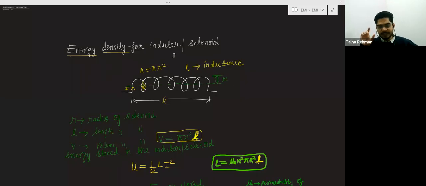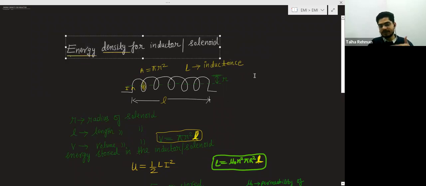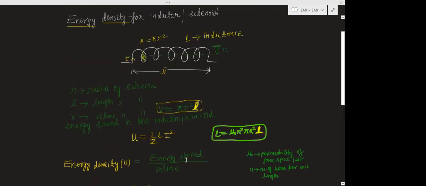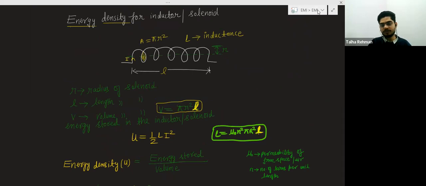So the energy density for the inductor, you can check your notes if you want. There we have covered this topic, energy density for the inductor or solenoid. This is also the energy density of the magnetic field. So directly I have used this result there. If you want to go through the derivation, you have to check your previous notes.